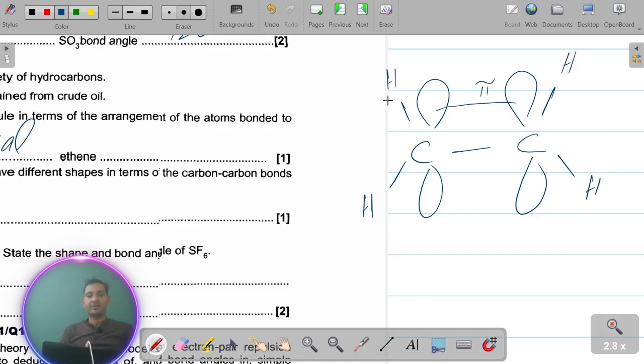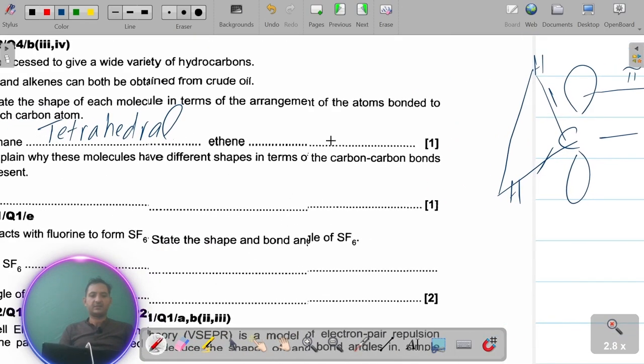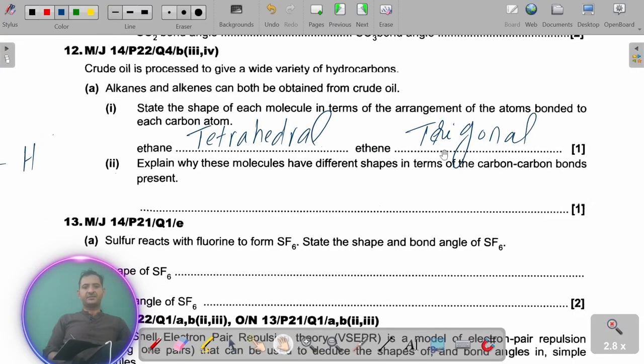So geometry in ethene is trigonal. Really sorry, it is trigonal.